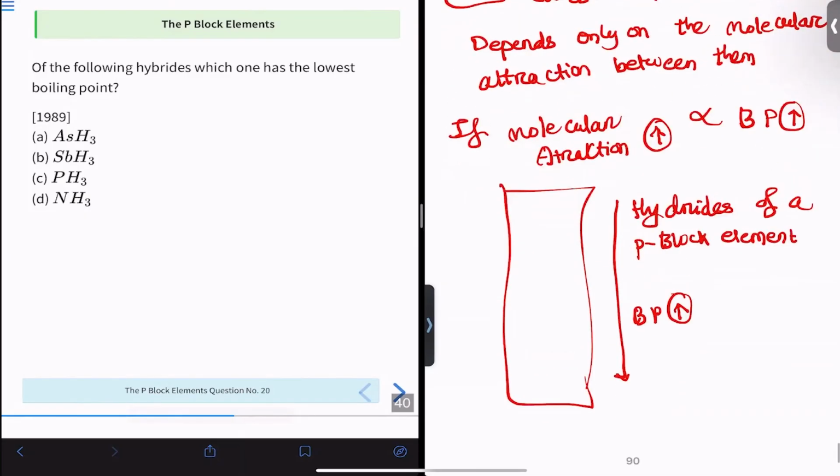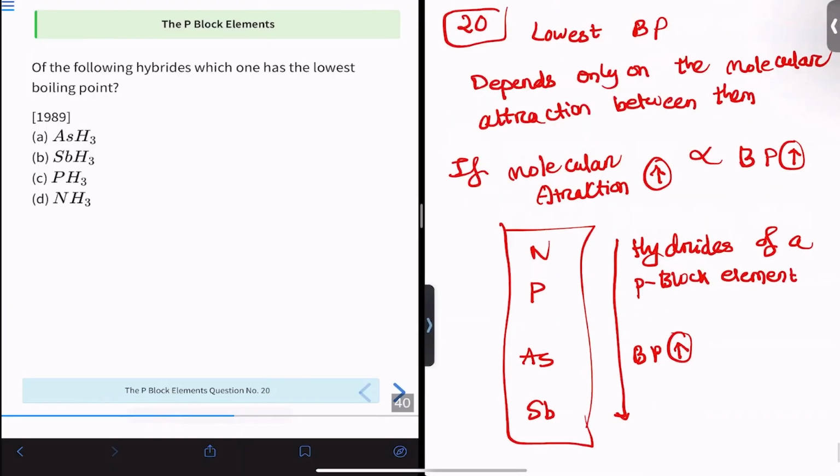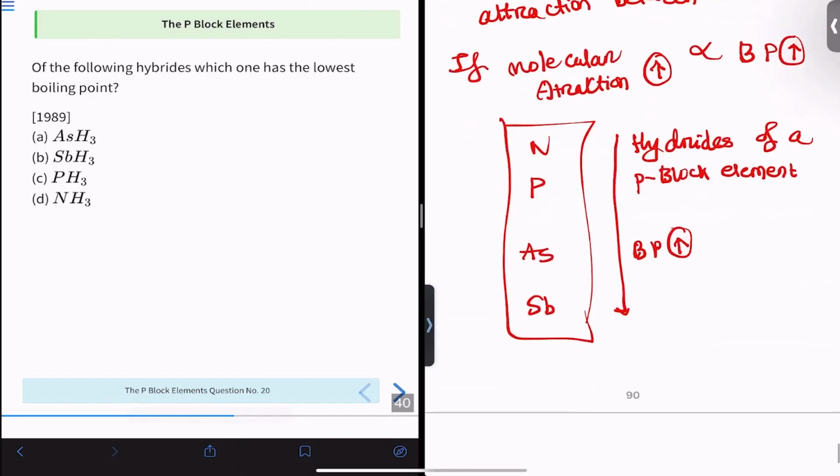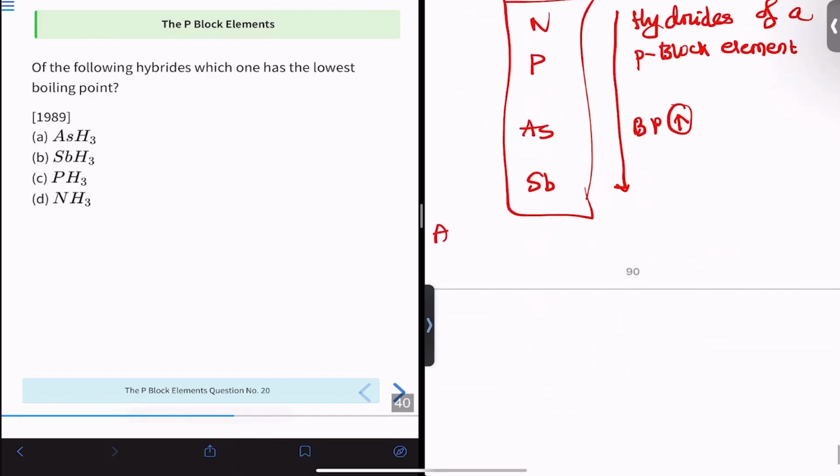We will see. Nitrogen, phosphorus, arsenic, tin. As we go down the group for the hydrides of the p block elements, the van der Waals force increases. I hope you know what a van der Waals force is.